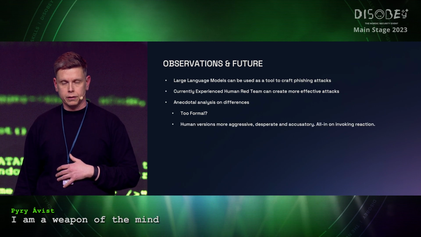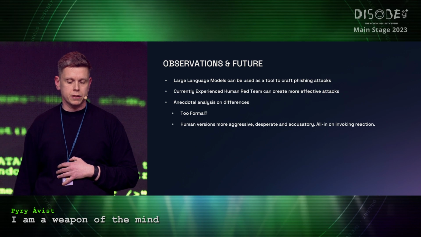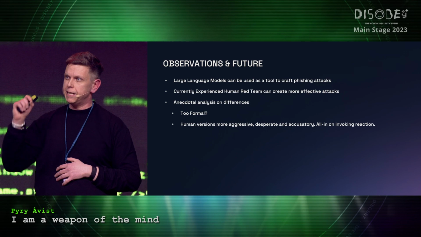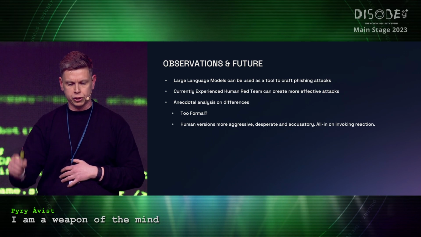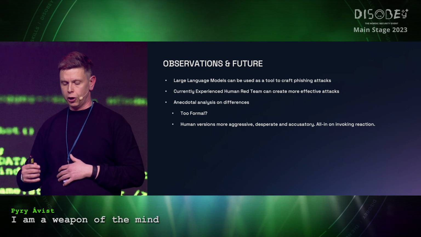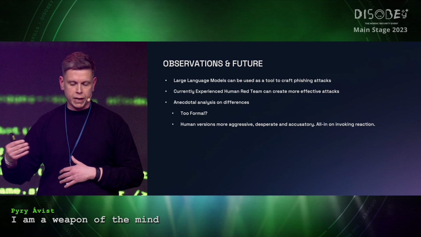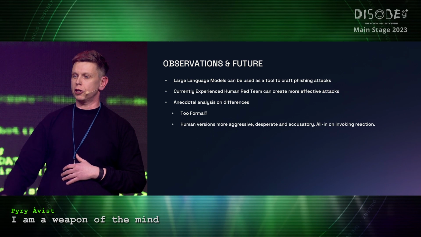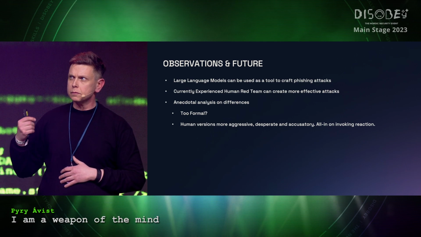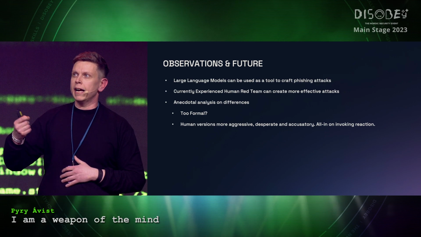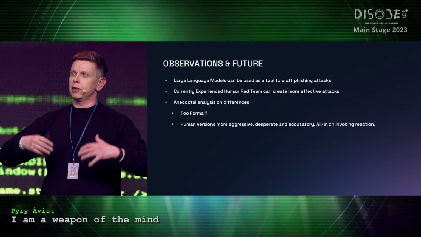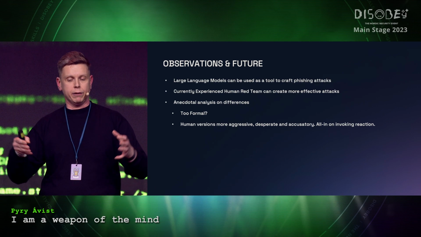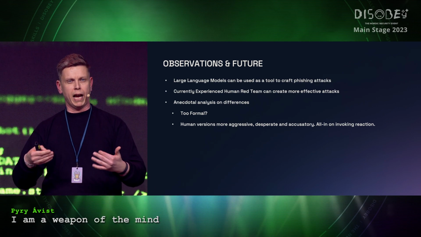Another thing was that our humans, as they know this business, were much more aggressive. The language was desperate when there was a call for desperation, and it was accusatory. So our red team went pretty much all in, invoking emotions and reactions in the users. And with the AI, if someone has followed the aggressive language Bing has been producing, there is probably a tendency for the developers to tone down the language.